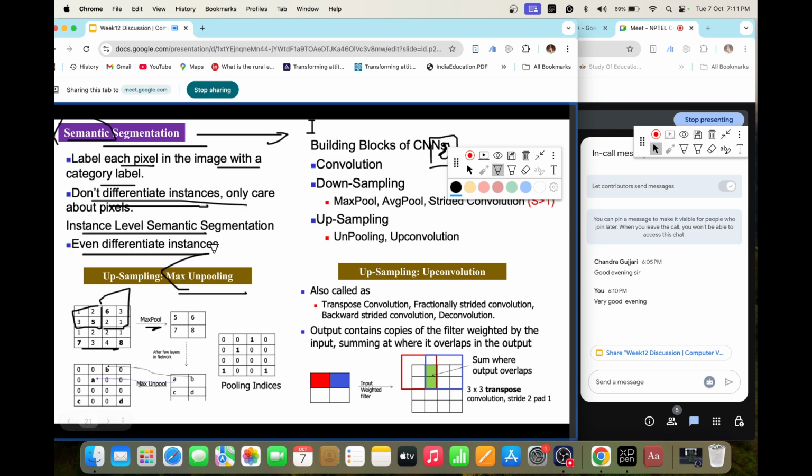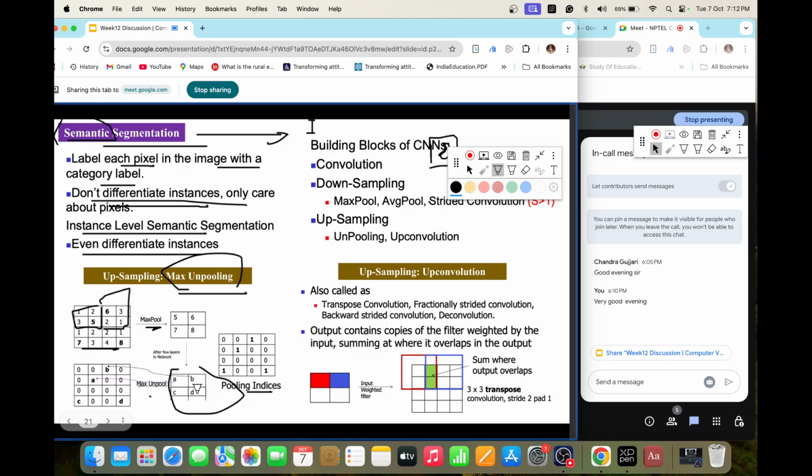Now you have to do the upsampling. Previously we were downsampling, reducing the spatial size, but now you have to upsample. You have the pooled image and the pooling indices, and wherever the pooling indices are, you put the max pooling values.